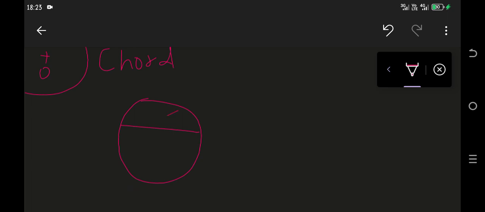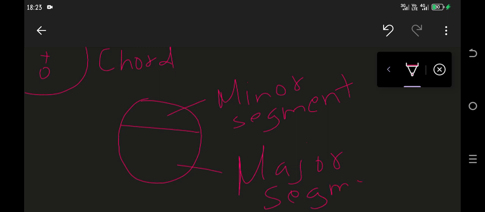The small one will be the minor segment and the large one will be the major segment.